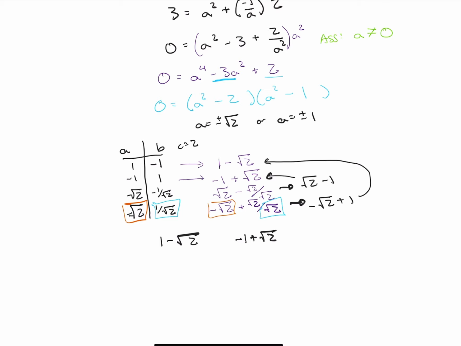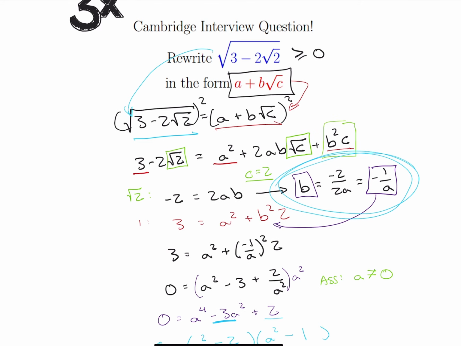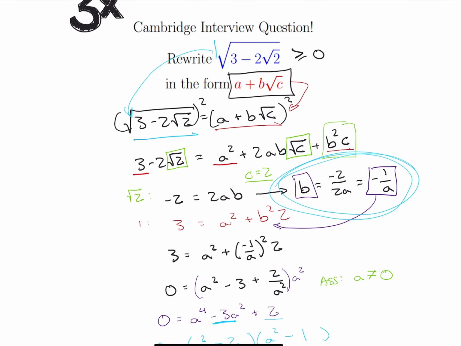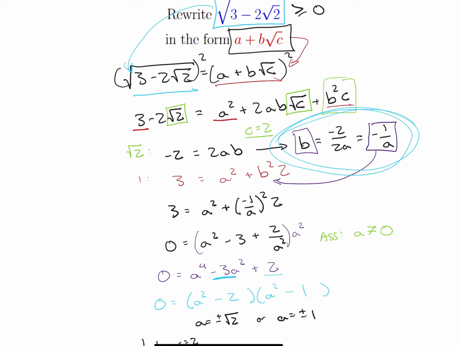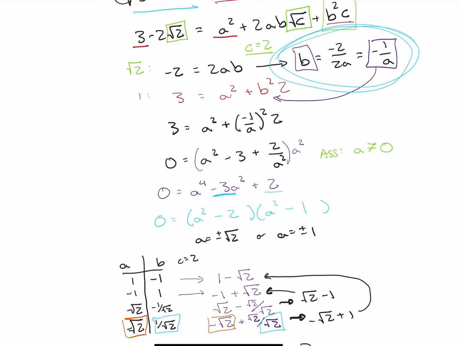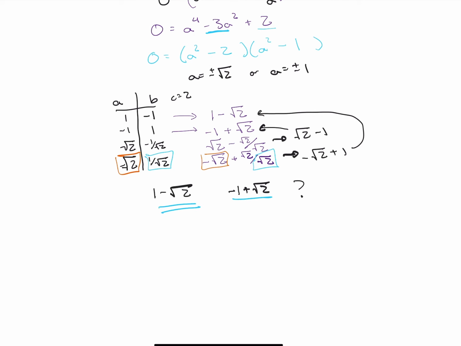So are there 2 answers? Well, let's look back at the original question we were asking. The original question is we're rewriting square root of 3 minus 2 root 2. So if we're dealing with real numbers, that number is going to be positive, which means that we only want the positive one of these 2 guys.